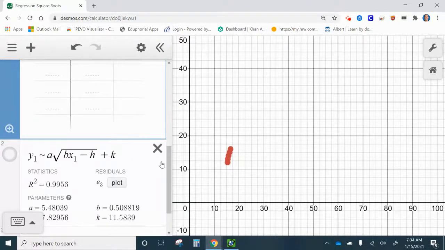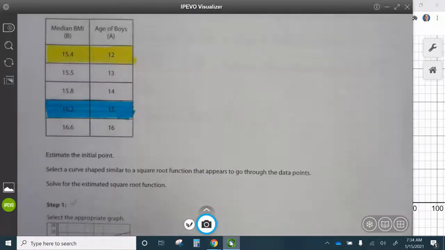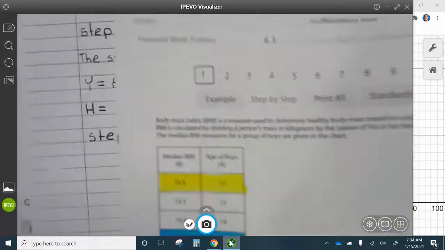This you should recognize from the problem. And so here, all you'd have to do is plug this number in for a, this number in for b, this number in for h, and this number in for k, and then you'll have your equation. So that's using Desmos, but let's go back to using the algebraic method.